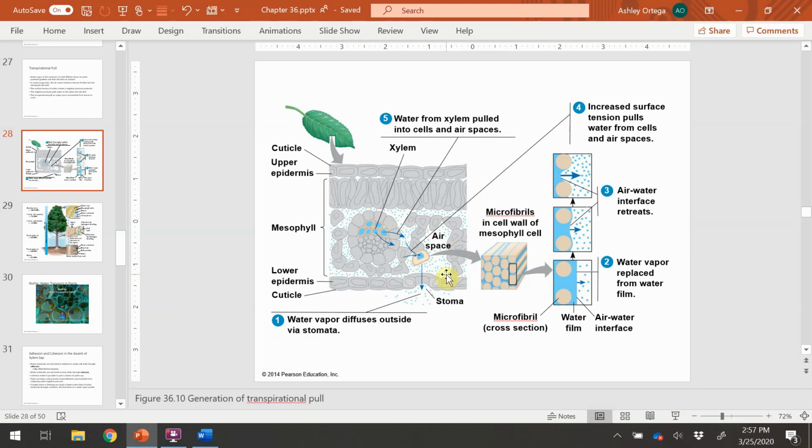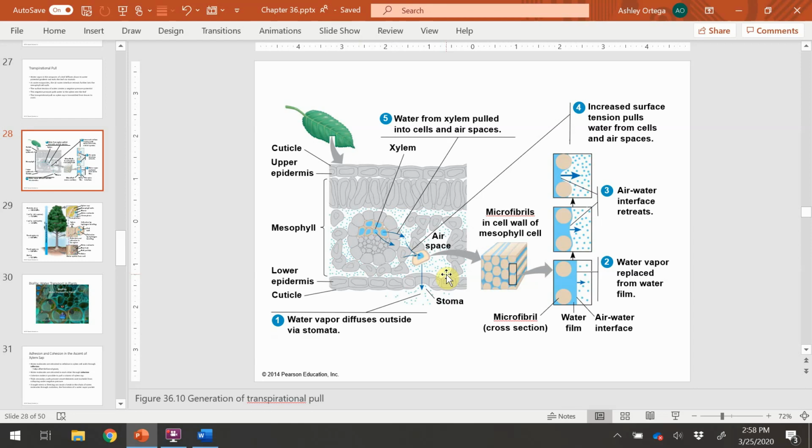So water is going to have a thin film over the spongy mesophyll tissue. And so this film is going to eventually get converted into water vapor.